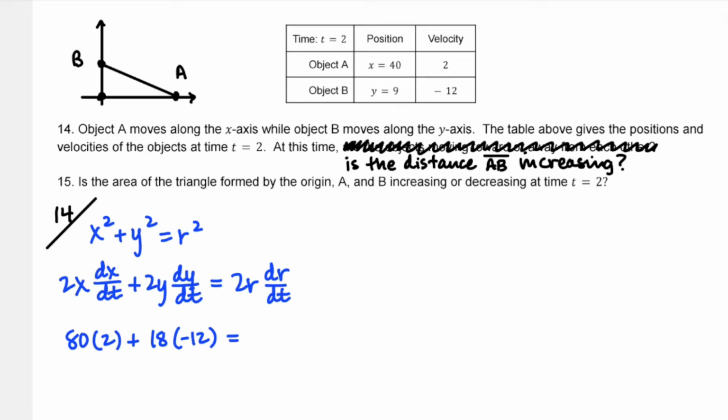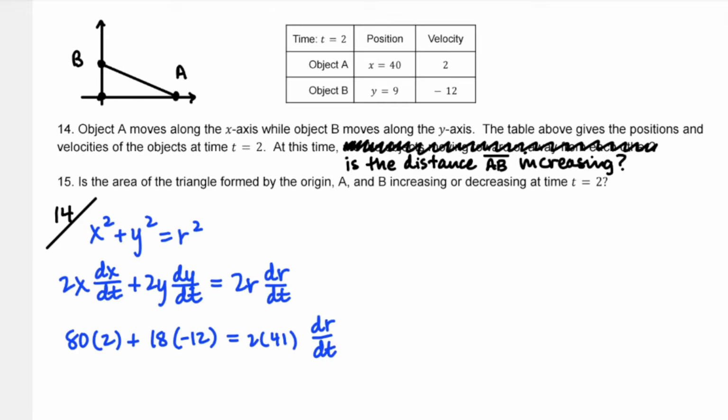You could figure it out yourself, or you could say this distance is positive, so 2r is going to be a positive number. I happen to know that 9, 40, 41 is a triple, so I'm going to put that in there. And dr dt, but that's not going to impact the sign of our result for dr dt. Really, what's going to happen is right there. So that's what's going to determine whether r is increasing or decreasing.